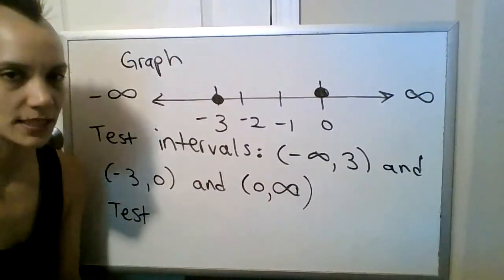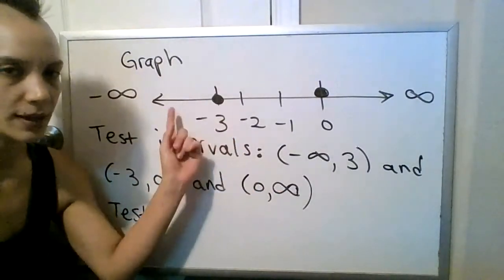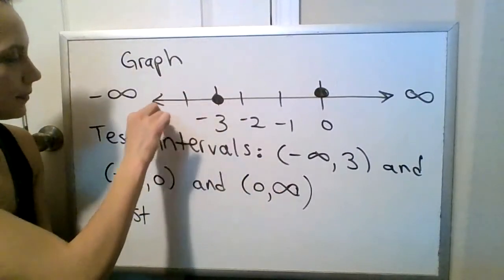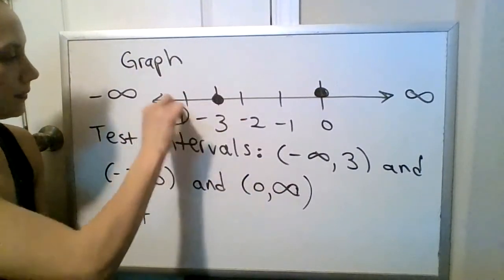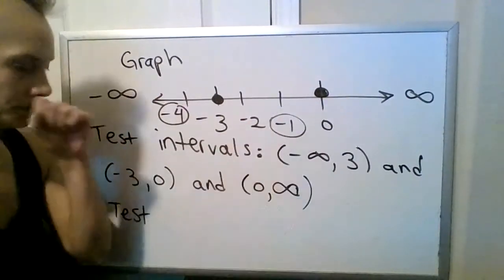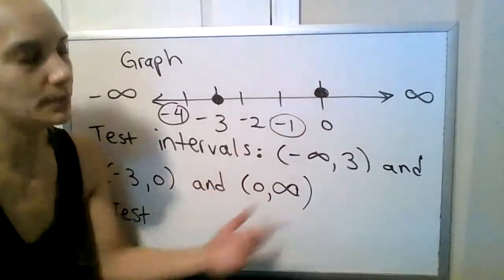So I need some test points. From that first interval, I'm going to try -4. Between here and here, let's try -1. And then above 0, I'm going to pick 2.